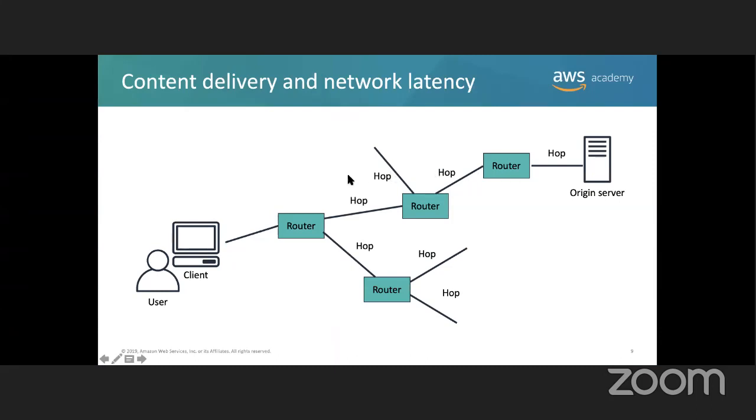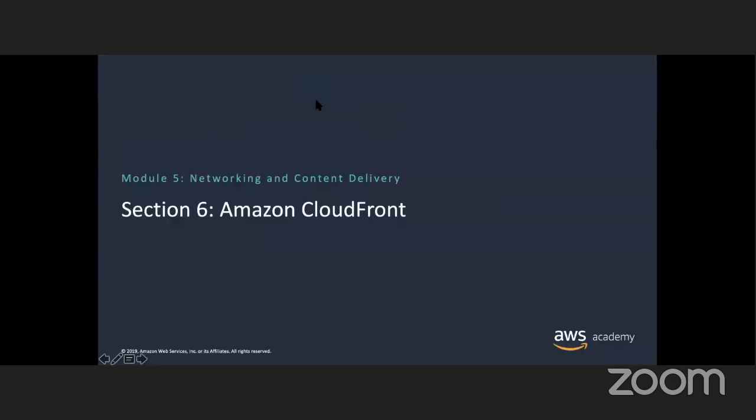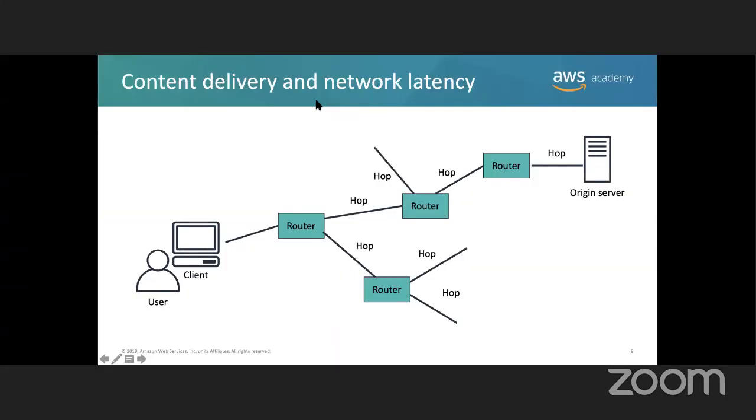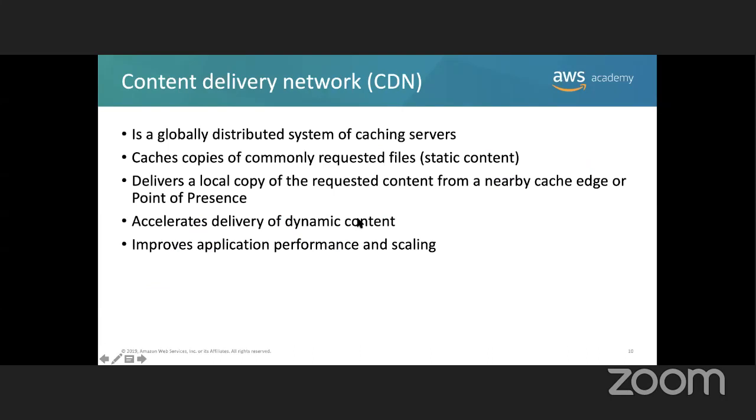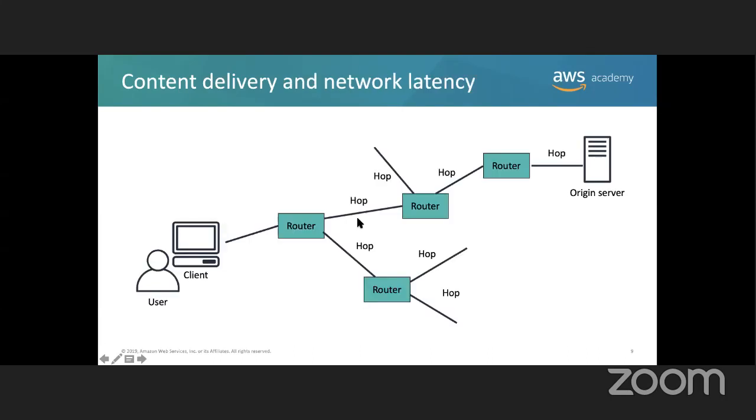Okay. So content delivery and network latency. You know, guys, when you send a request, there are going to be a lot of hops along the way. Those are routers in the middle, and you can trace those hops. There are some commands you can use for that. You can use traceroute.